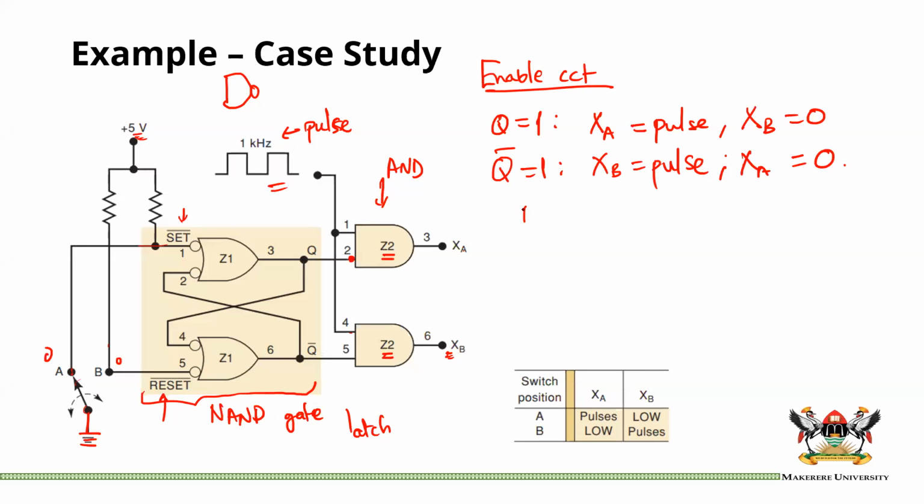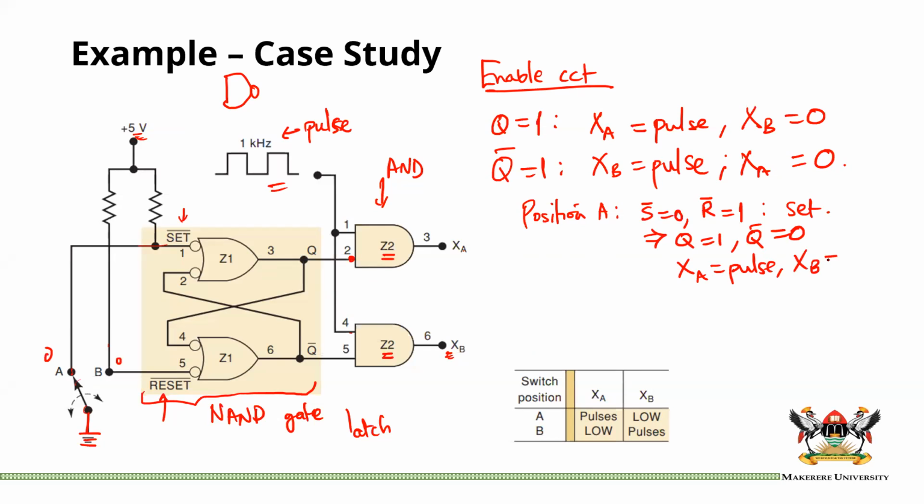So we can say for position A, S is equal to 0, R is equal to 1. That means we set, because remember this is the NAND gate latch. If we set, that makes Q equal to 1, Q inverse equal to 0. And if Q is equal to 1, we've already said that XA equals the pulse and XB is equal to 0, because Q inverse is 0, so it will make everything here 0.